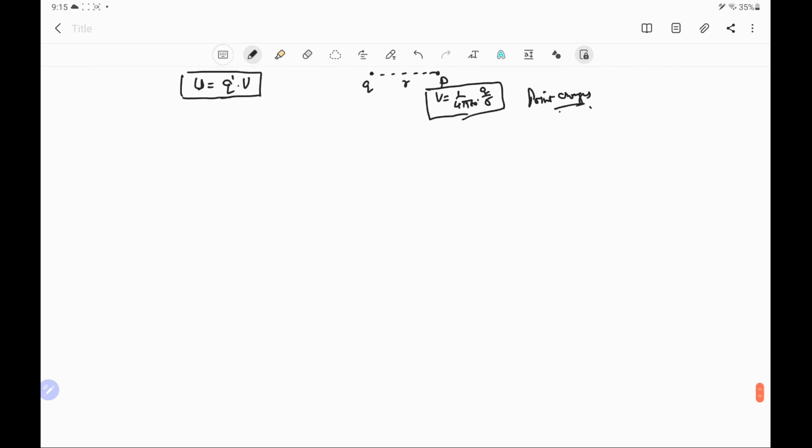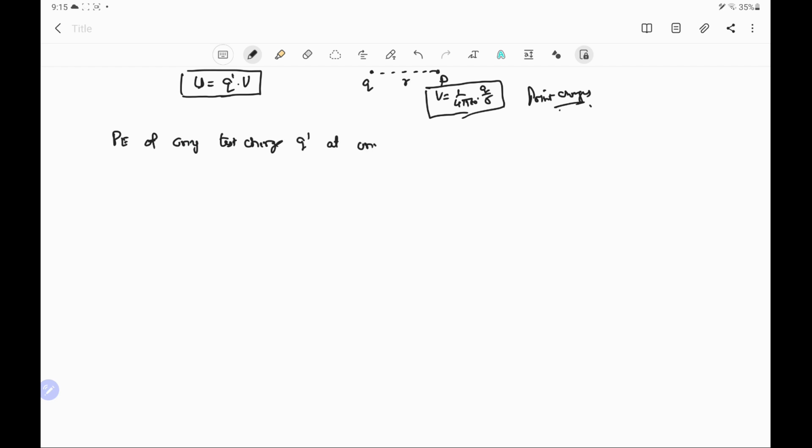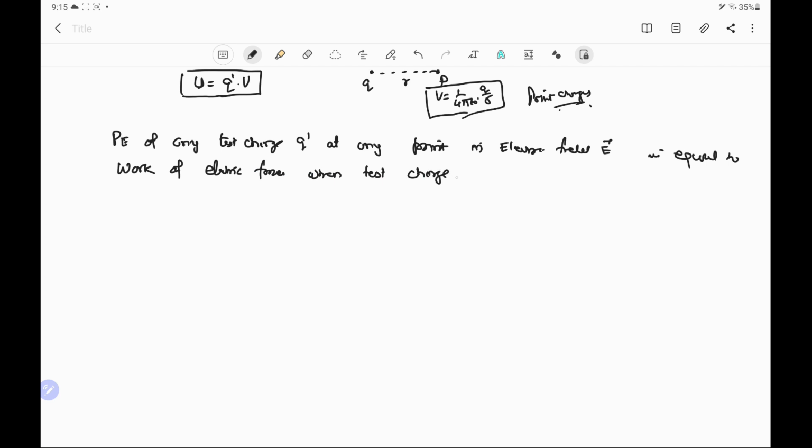Therefore, we define potential energy as follows: the potential energy of any test charge Q' at any point in an electric field E is equal to the work of the electric force when the test charge Q' is brought from the point in question to a zero reference level.